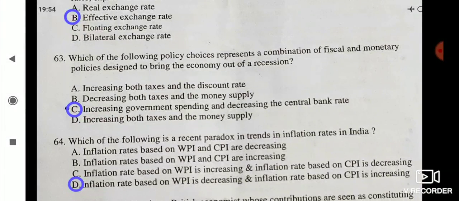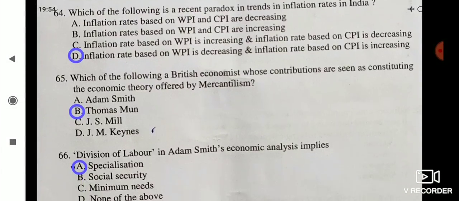Inflation rate based on WPI is increasing and inflation rate based on CPI is decreasing. And last option, inflation rate based on WPI is decreasing, inflation rate based on CPI is increasing. And here the correct answer is, inflation based on WPI, it is decreasing, but inflation based on consumer price index CPI, it is increasing, which is given in option D. So here the correct answer is option D.